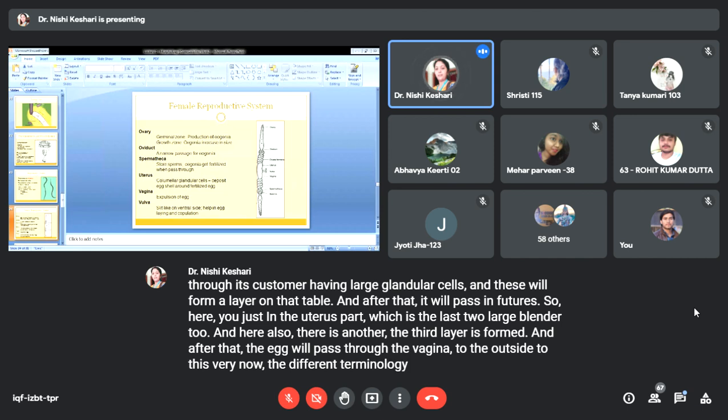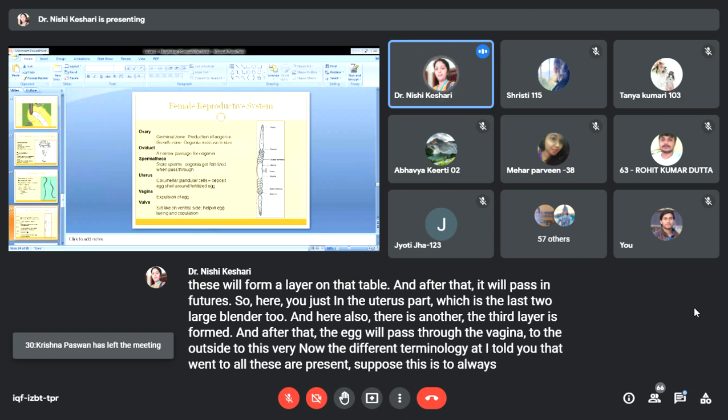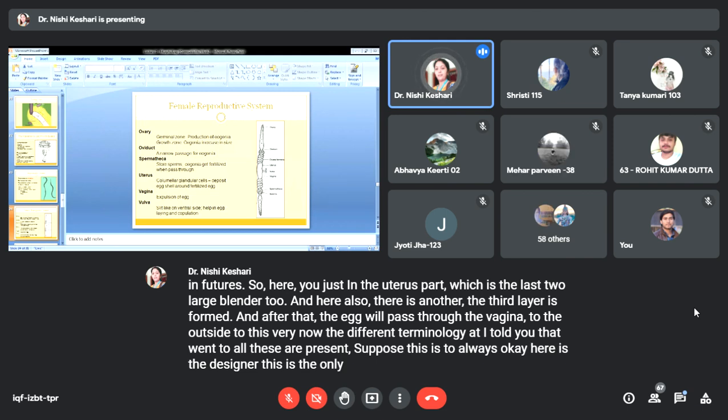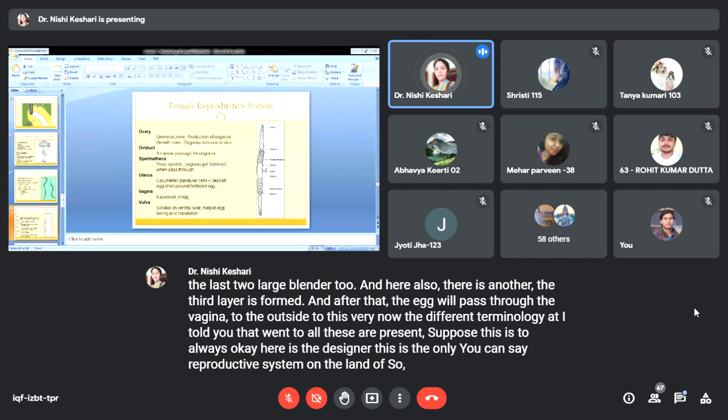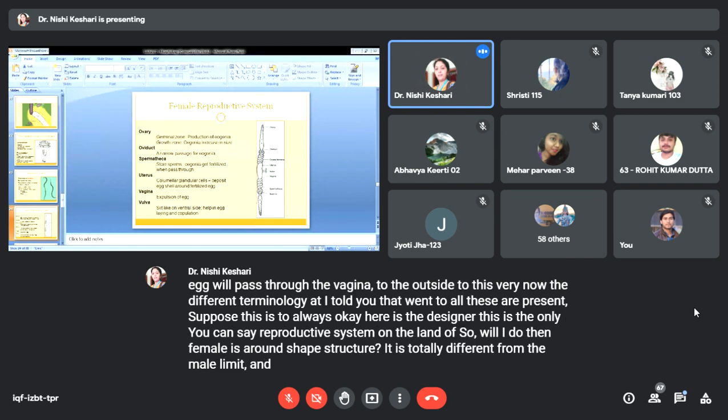Now the different terminology. I have told you that when two ovaries are present, suppose this is two ovaries, here is the vagina, vulva. This is the reproductive system of the Meloidogyne female. The Meloidogyne female is a round-shaped structure, totally different from the male nematode, and they have to lay at least 200 to 500 eggs.